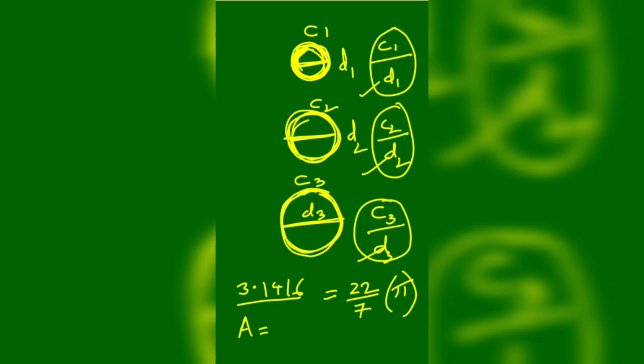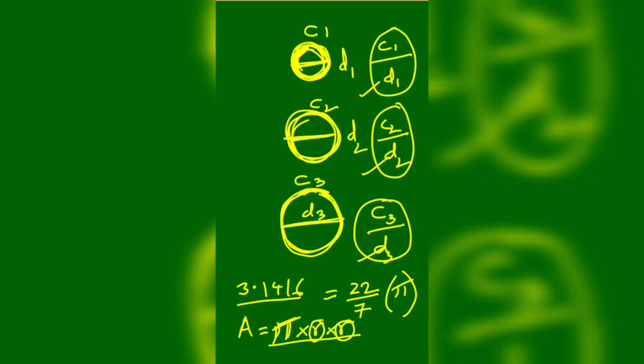You multiply this interesting number pi by the radius of the circle, multiplied by the radius of the circle. So radius square, multiplied by this number 3.14, and you get the area. So I think you have understood.